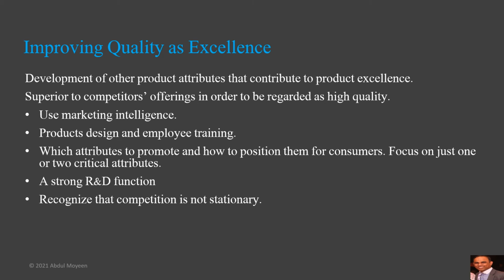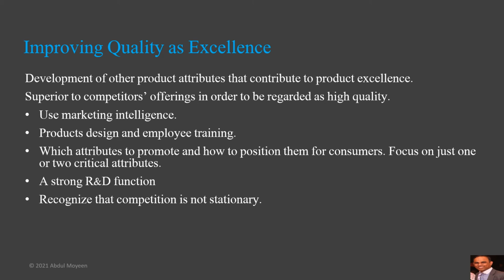Then the company must decide which of the significant attributes to promote and how best to position them in the minds of customers. That is, how to tailor the marketing message so that it creates a consistent image in the minds of customers.